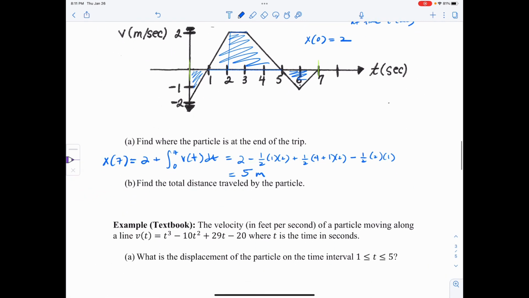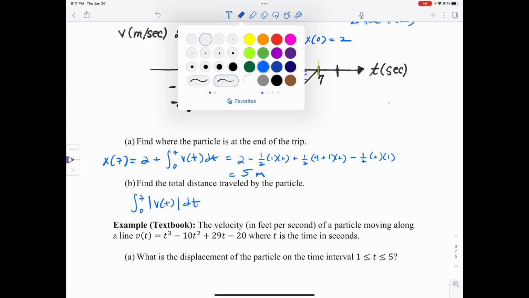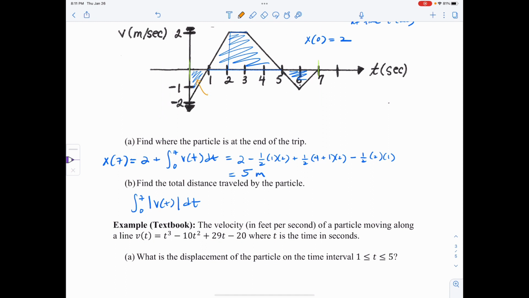So that means that we basically want to integrate from 0 to 7 the absolute value of our velocity function. Right? We want all of our negative areas to be positive. We're going to think about reflecting them over the x-axis, okay? So this represents distance traveled.